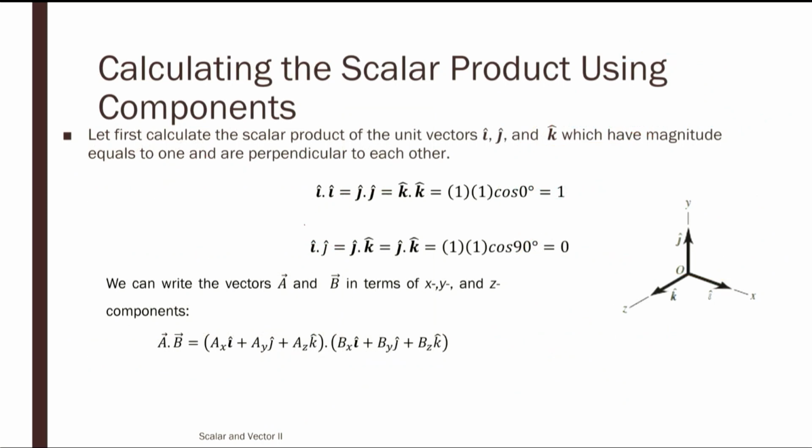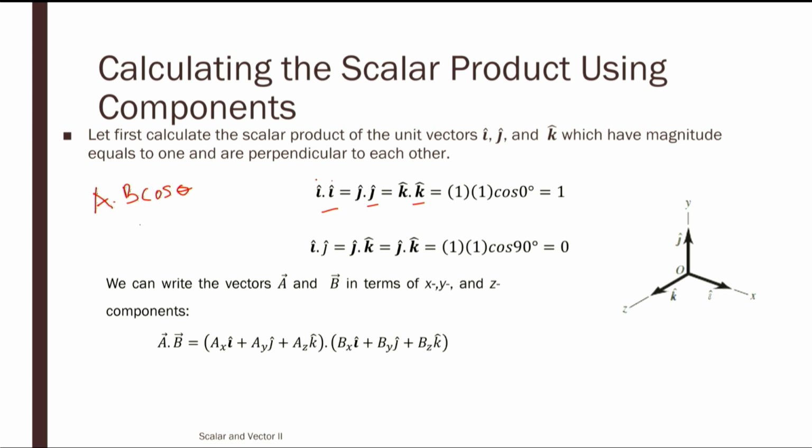So how do we calculate the components of our scalar product? Last time we mentioned that our unit vectors can be represented as i, j, and k. If we are to find the dot product of our unit vectors, given that the dot product is A dot B cos of the angle between them, let's say theta, in this instance A means i and B means i.